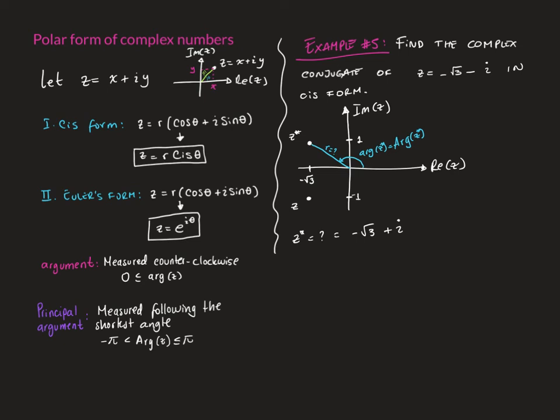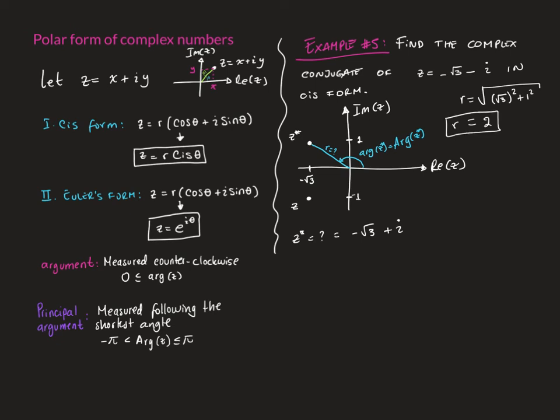So what we want to do is find the modulus. So let's start with the r. r is going to be the square root of 3 squared plus 1 squared, and that is 3 plus 1, 4. So r is equal to 2.